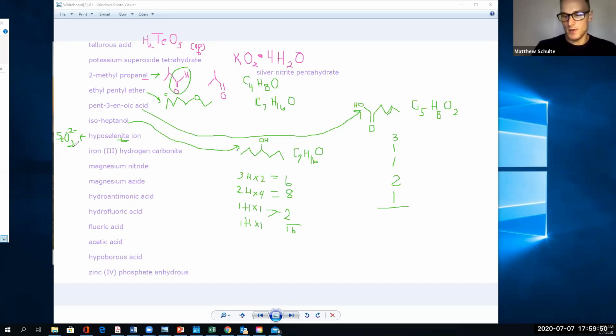Okie doke. So Fe, and then you would put in parentheses your hydrogen carbonate formula. But then you need to notate that you have 3 iron, so you put the 3 behind the parentheses. Okay, so what does the hydrogen carbonate ion look like? So it's going to be FeHCO3.